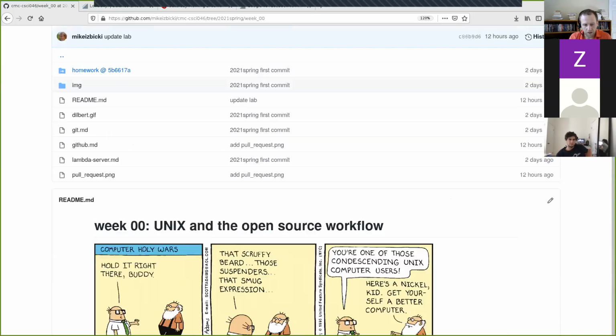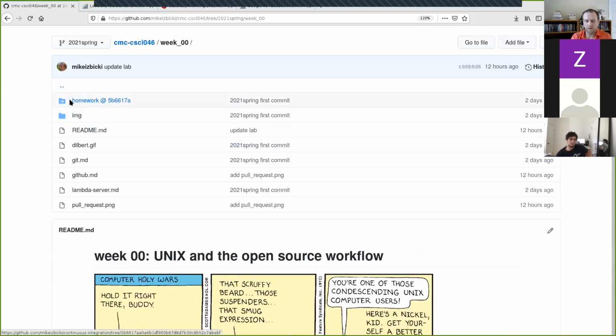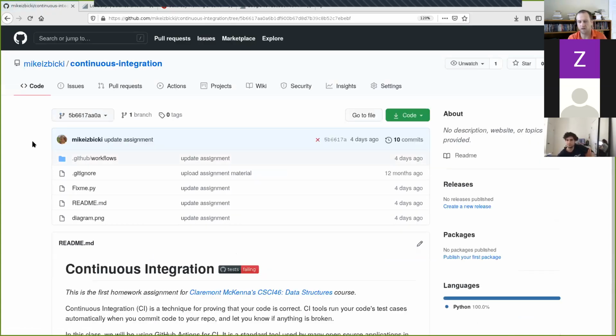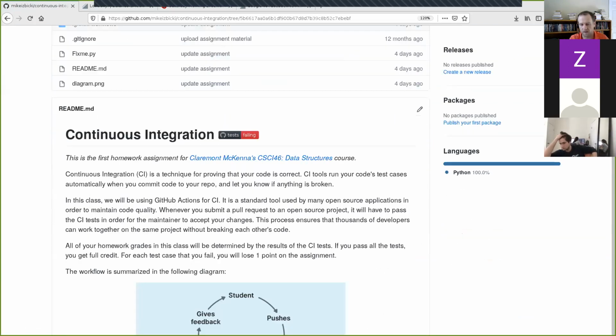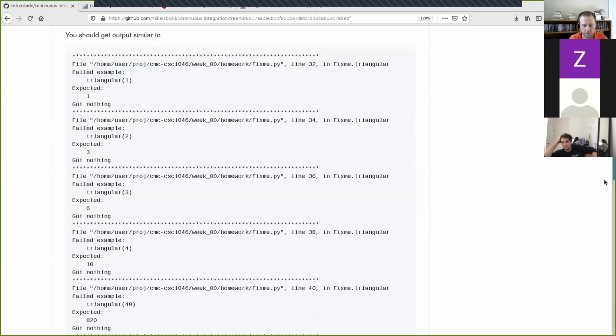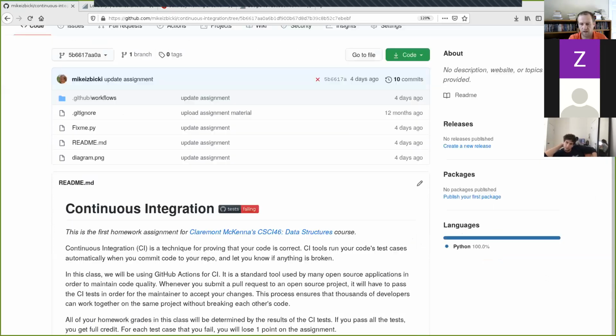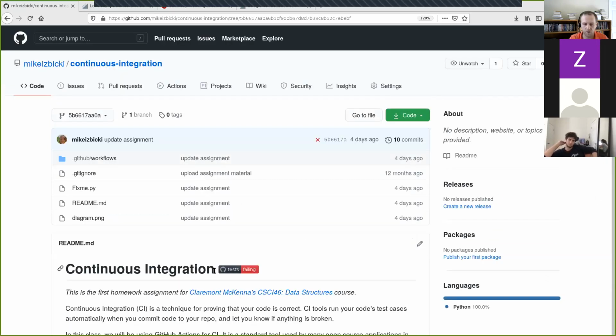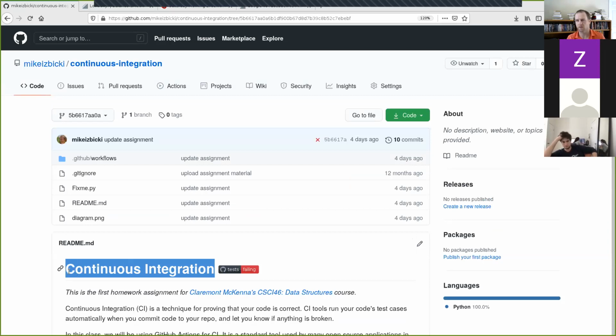The last important thing is up here: there will always be a homework link that takes you to your actual homework assignments. If you click that, it takes us to another page on GitHub, a totally separate repository, and here are your instructions for this homework assignment. Basically, in this homework assignment, we're going to be learning about something called continuous integration.